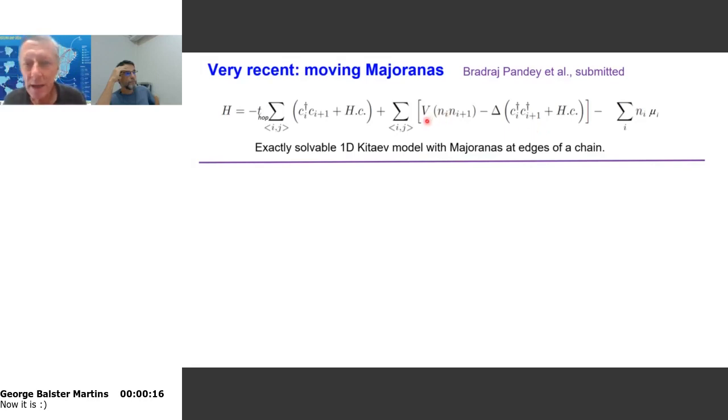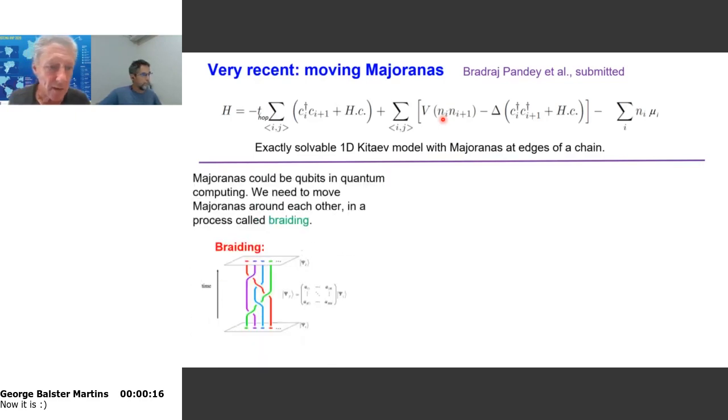But in addition, to be a bit more realistic, we added some repulsion between electrons to see what sort of effect it caused. There are only a few groups that have studied the Kitaev chain with repulsion. So these are the motivations for doing this work.